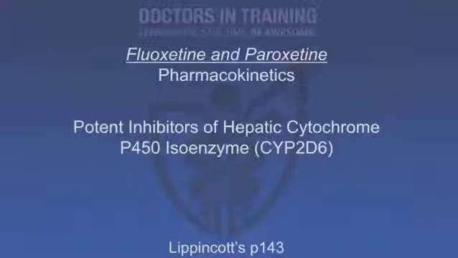Fluoxetine and paroxetine are potent inhibitors of hepatic cytochrome P450 isoenzyme 2D6. And this is responsible for the elimination of tricyclic antidepressants, neuroleptic drugs, and some antiarrhythmic and beta-adrenergic antagonist drugs. 7% of the Caucasian population lack this P450 enzyme and therefore metabolize fluoxetine and other substrates of this enzyme very slowly.